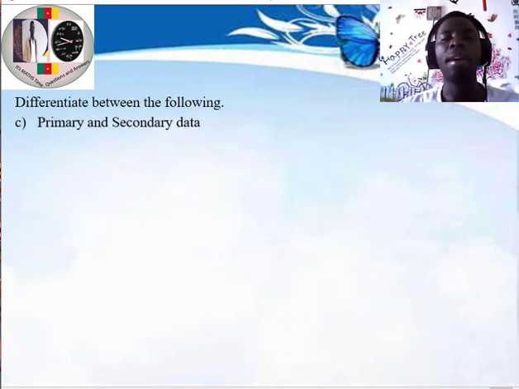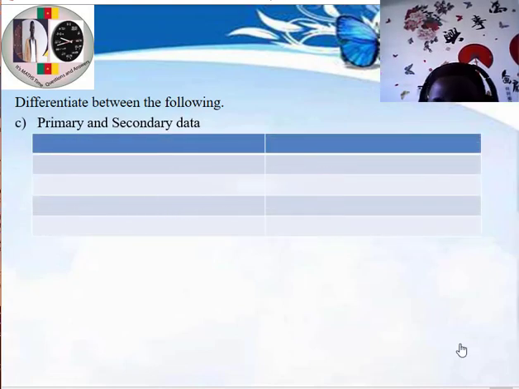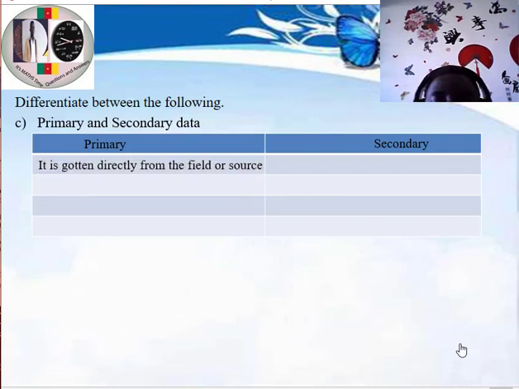C, primary and secondary data. Again, we have our table there. We'll call the first entry primary and the second secondary data. Primary data is data that is gotten directly from the field or source. What we always say is that it is gotten from the horse's mouth.